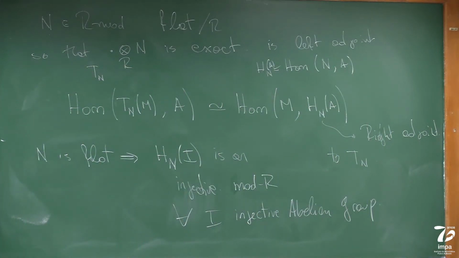Okay. So for an arbitrary flat left R module, we get injective right R modules by taking homs into an injective abelian group. It doesn't matter which abelian group we take.